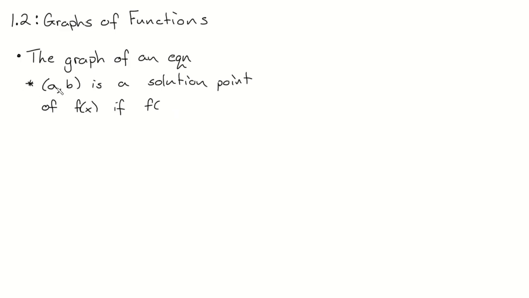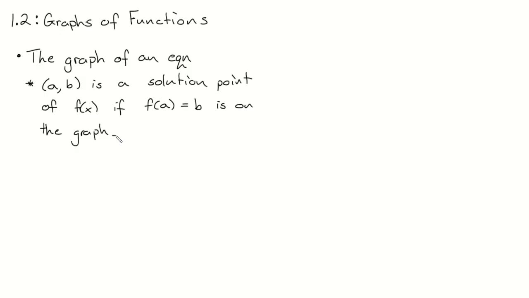What's the x coordinate here in this point? A. And if it's on the graph, when I plug in a, f of a should spit out what, according to this ordered pair? B. If this point is on the graph. Okay, that's it.